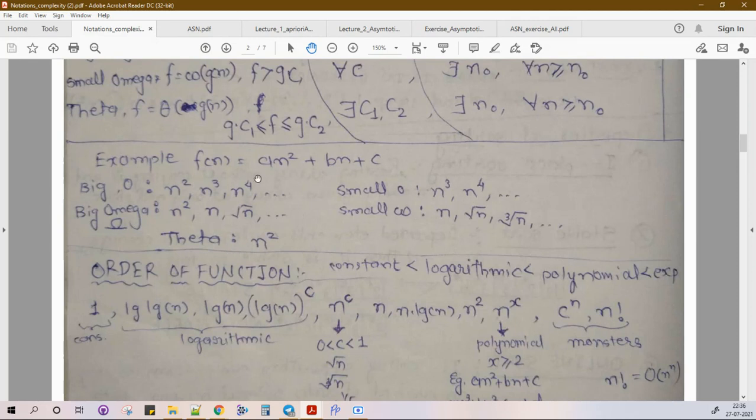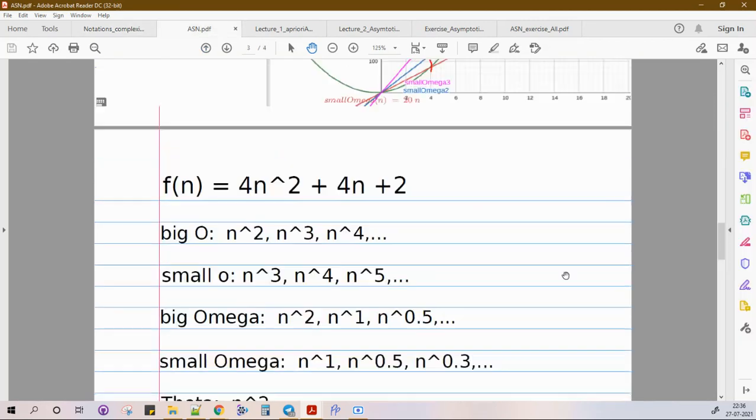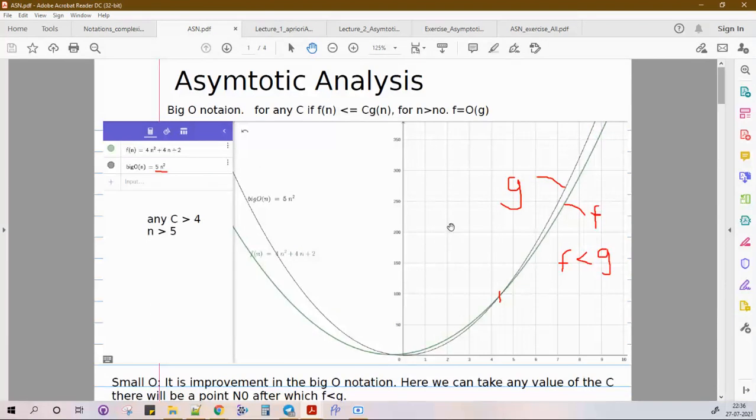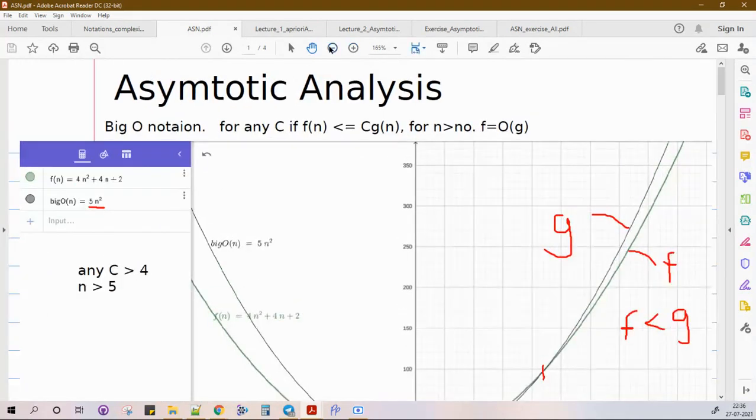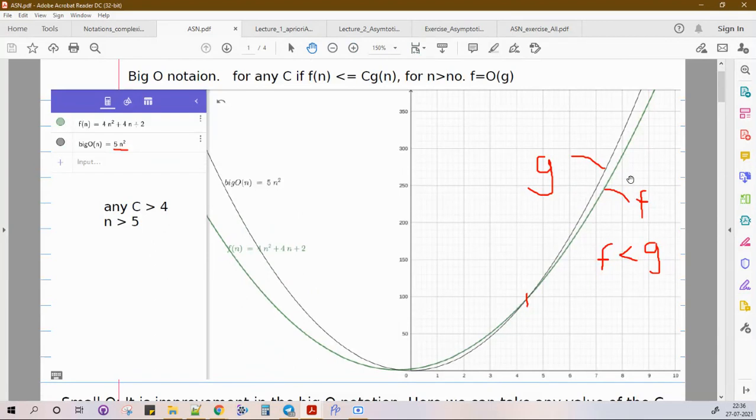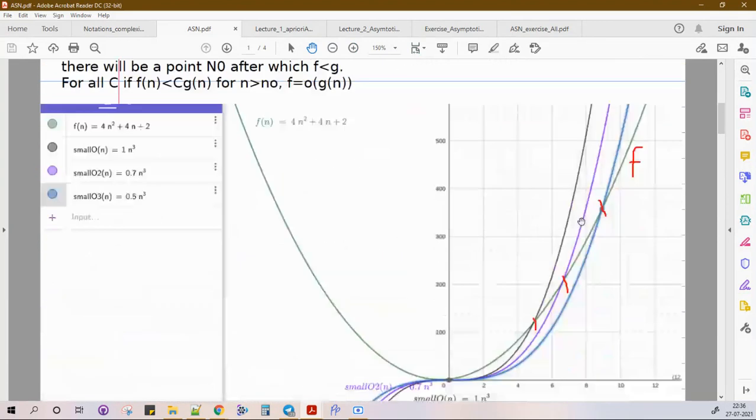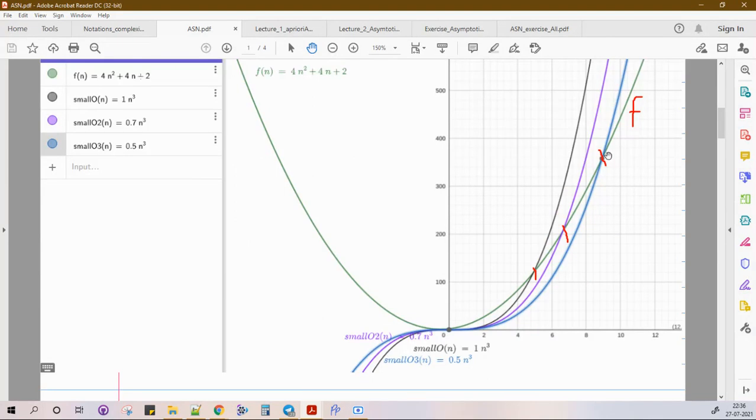Okay. So given the polynomial a n square plus b n plus c, your big O can be either n square or n cube. So it is nothing but an upper bound, right? So if I take a n square plus b n plus c, like this function is a n square plus b n plus c only, 4n square plus 4n plus 2. So this function can be upper bounded by either n square or n cube. If I take n cube, it will again be an upper bound, right?